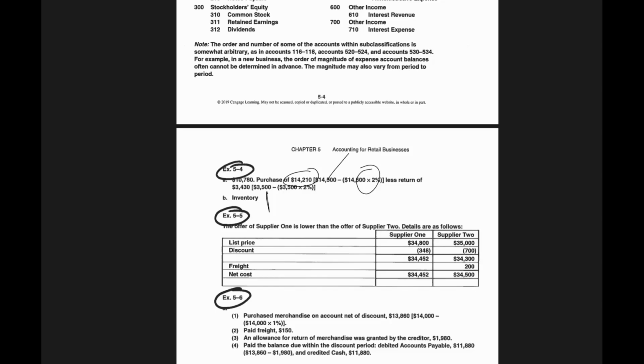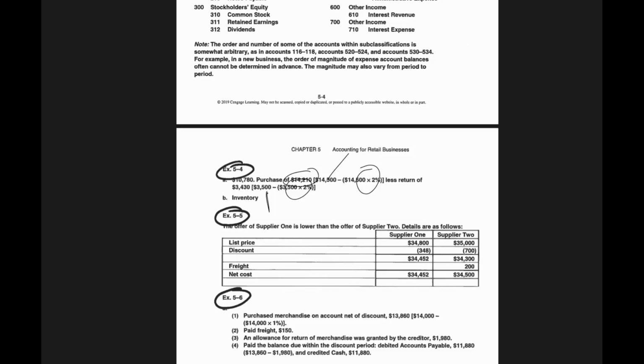But we also take off that 2% there as well, because we no longer have that inventory, but at the same time, we cannot not take off that 2%. So the net purchase of all of this would be $10,780.